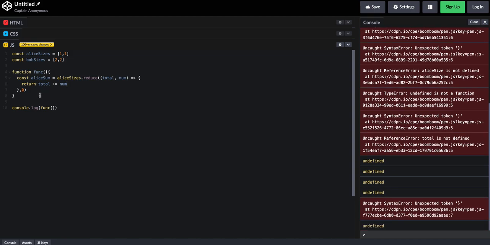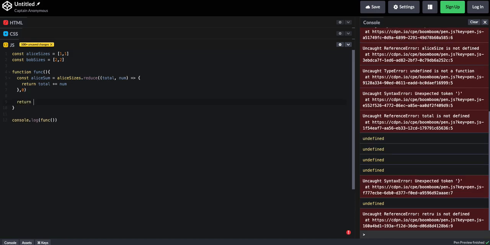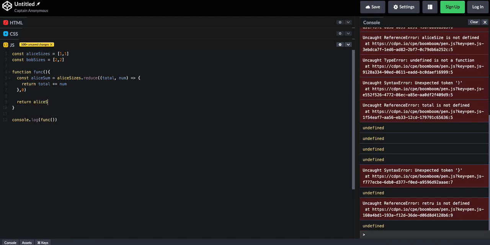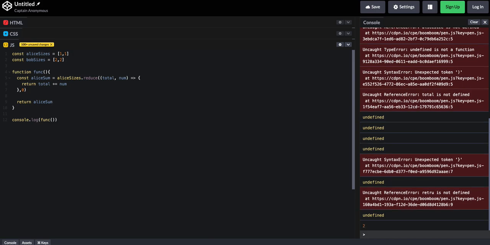And so if we return sum, there you go, we get 2. So what's happening here is we're going in Alice sum, and that's the num. The current total is 0, so we add 0 plus 1, we get 1.